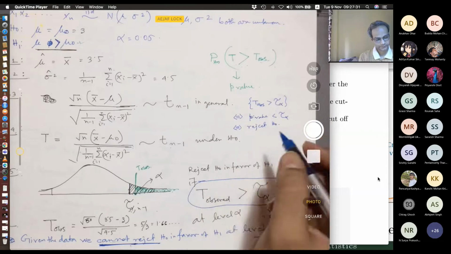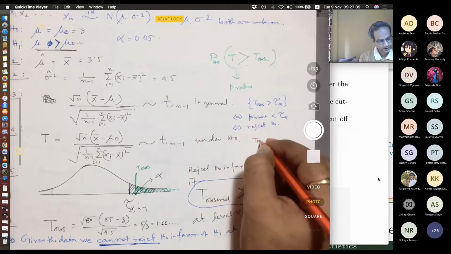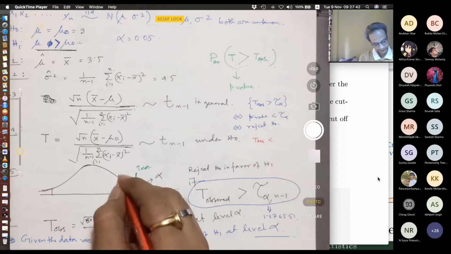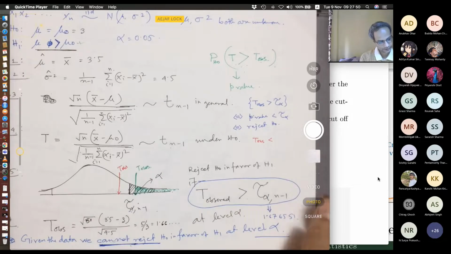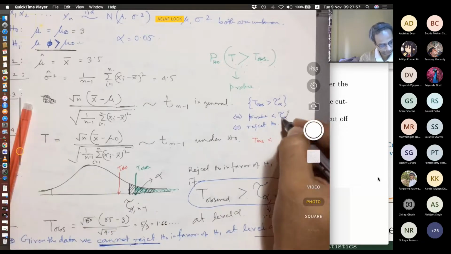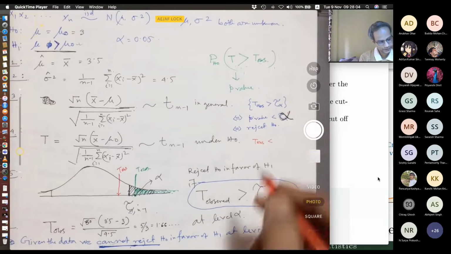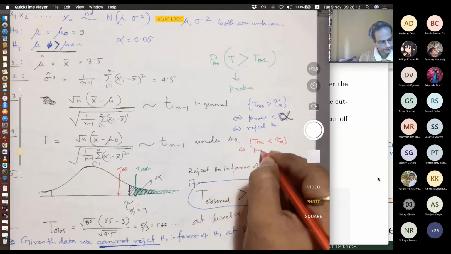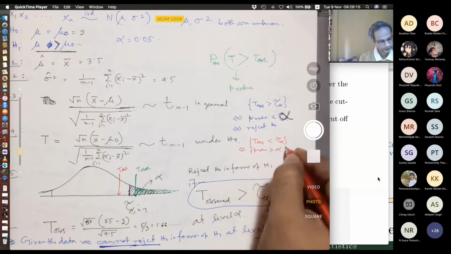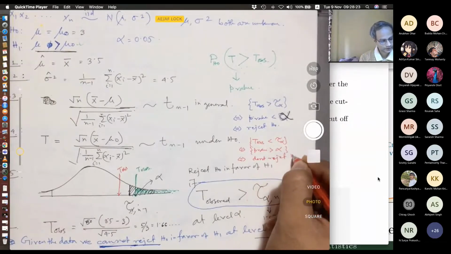And the other way also: if t observed is less than t alpha, that is equivalent to the p-value being larger than alpha, and that is equivalent to do not reject H0.